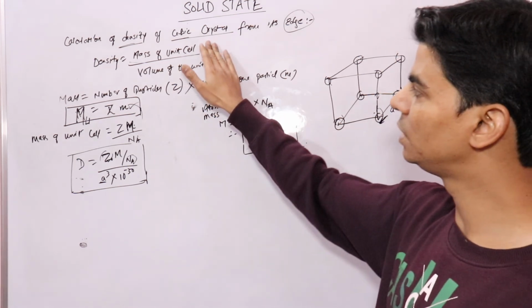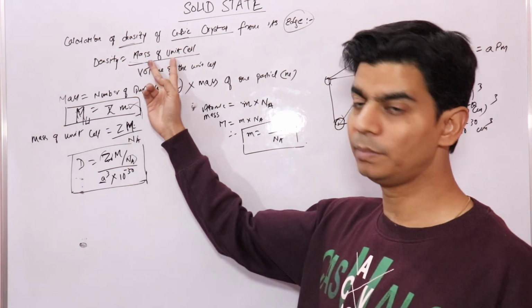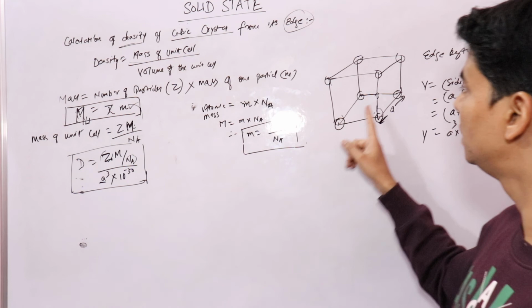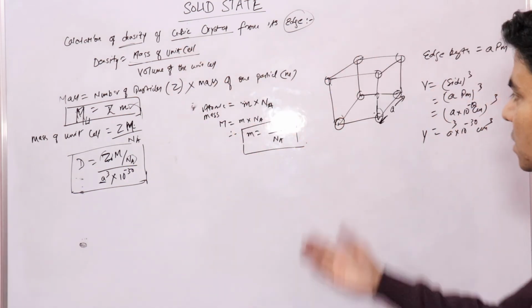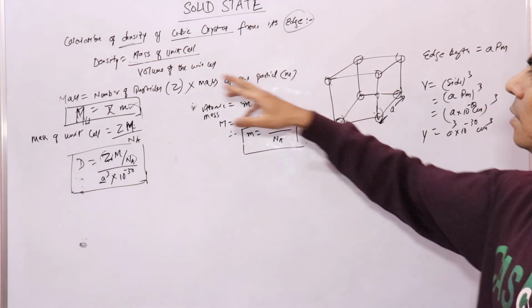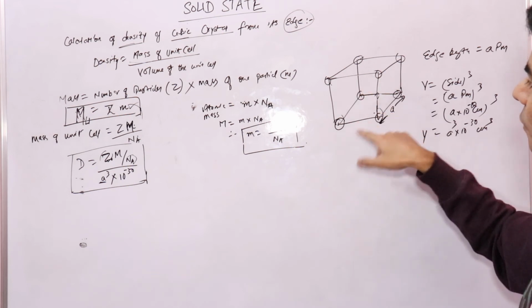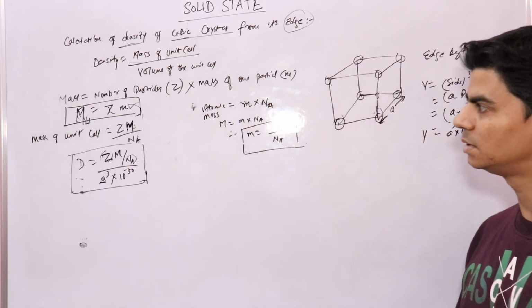The second thing we need to know is the mass of the unit cell. Since the unit cell consists of a number of particles, if this is the simple cubic structure we have, then the mass would be equal to the number of particles into the mass of one particle. This is simple.